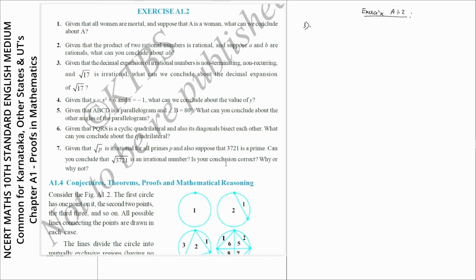Exercise A 1.2. Given that the decimal expansion of irrational numbers is non-terminating and non-recurring, and root 17 is an irrational number. What can we conclude about the decimal expansion of square root of 17? The hypotheses given in this problem are, first one, decimal expansion of irrational number is non-terminating and non-recurring.